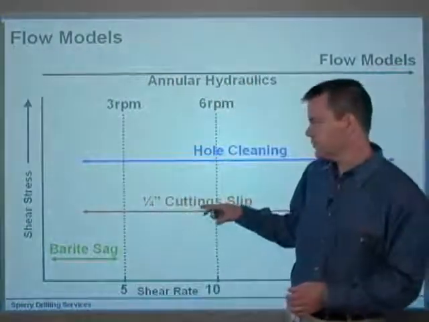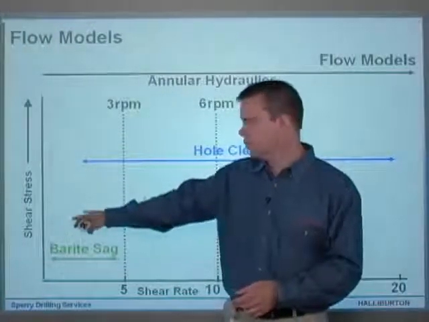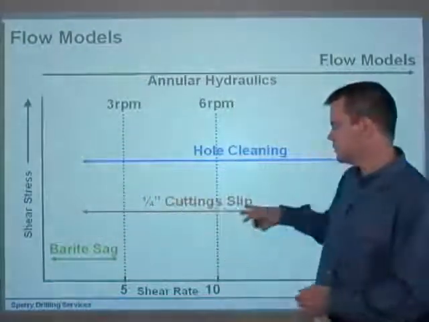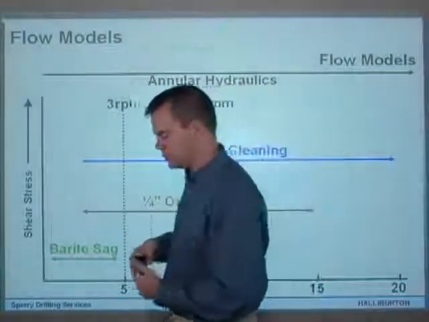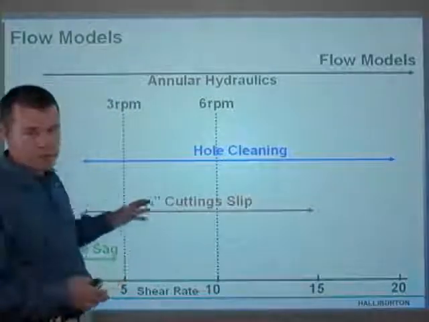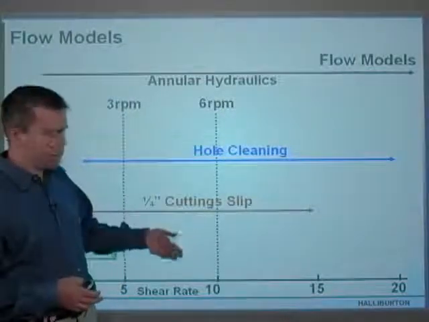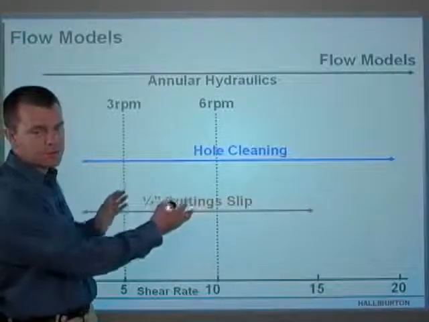Slip velocity of cuttings is somewhere from the lower range of the hole cleaning line to somewhere up around 15. That's your cutting slip velocity described by the shear rates and shear stresses. The cutting slip velocity occurs at these lower shear rates.